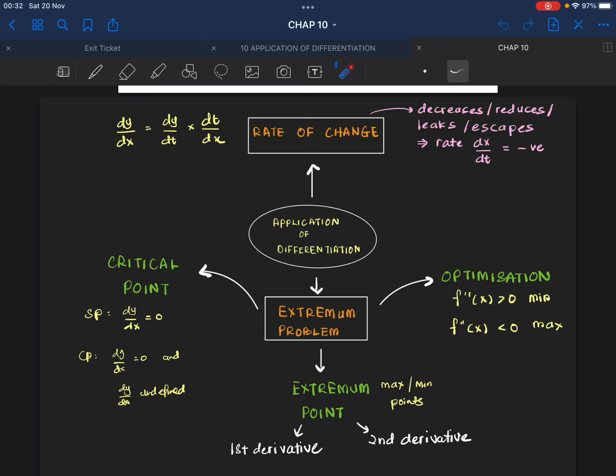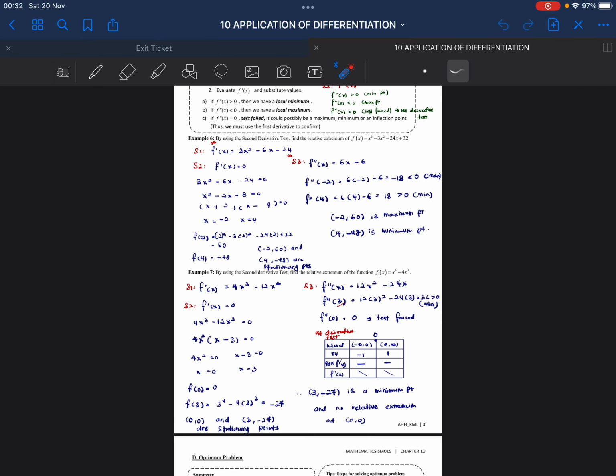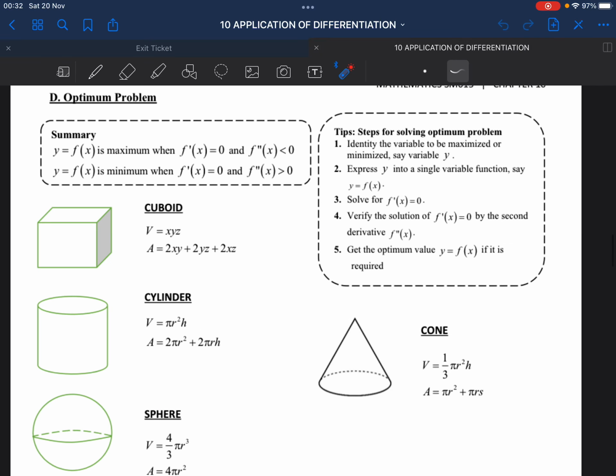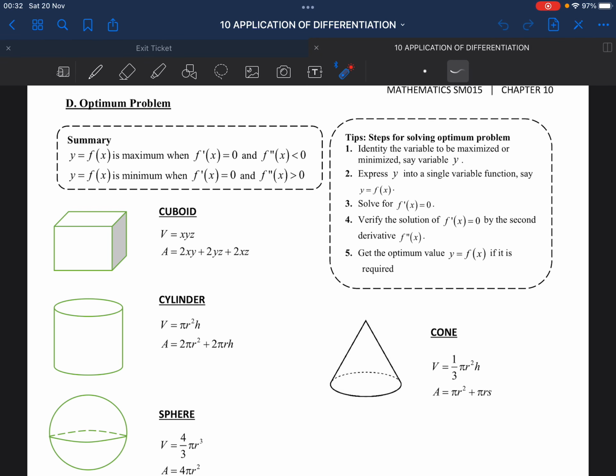Okay, hi everyone. So now we are going to continue into the second, still in the first subtopic, which is extreme problem, but we are going to look at how to do this part here, optimization. So what is optimization? So optimum problem. As you can see from the summary here, f(x, y) is maximum when f prime x equals 0 and our second derivative is less than 0.